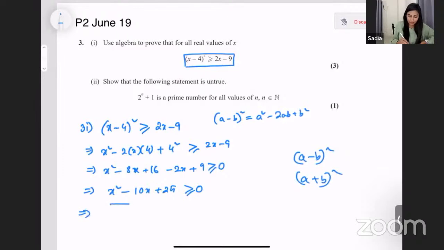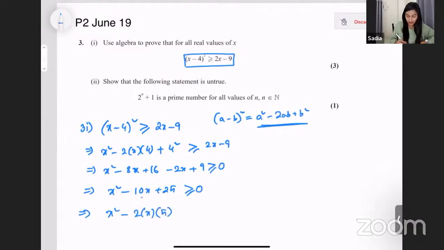So if I rearrange them, according to this formula, we will get a square, 2ab, you can just write as 5 twos are 10, plus 5 square is 25. So this line can be expressed like this.